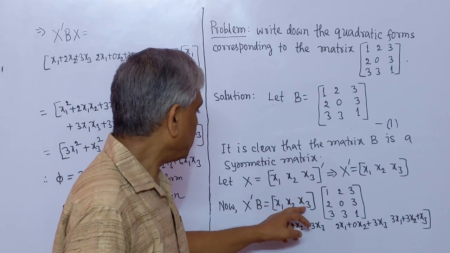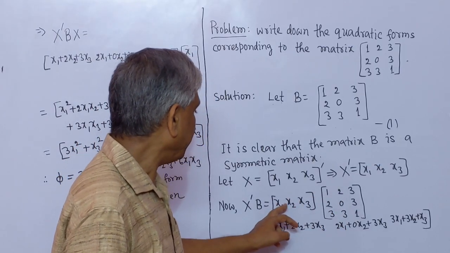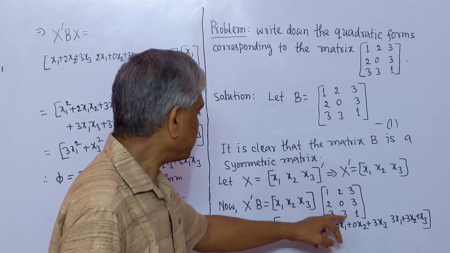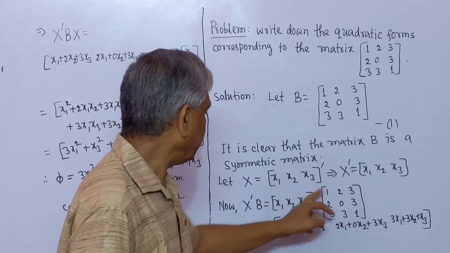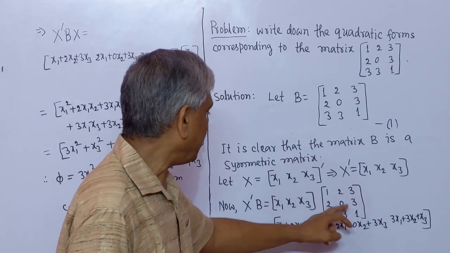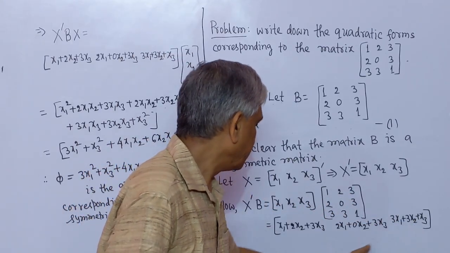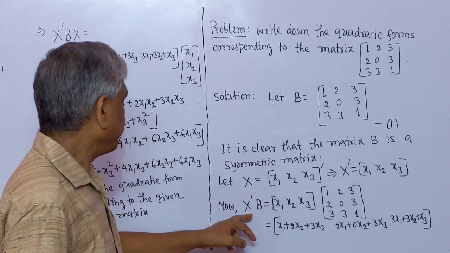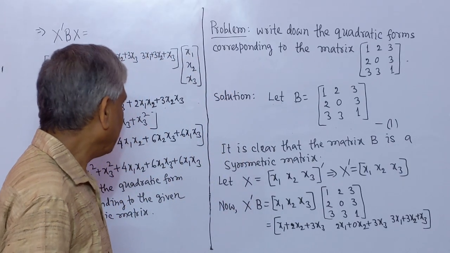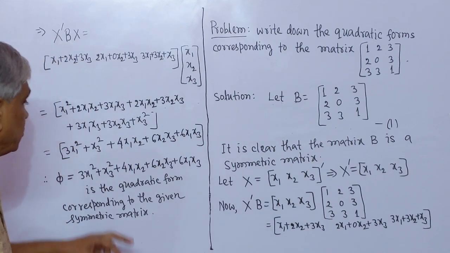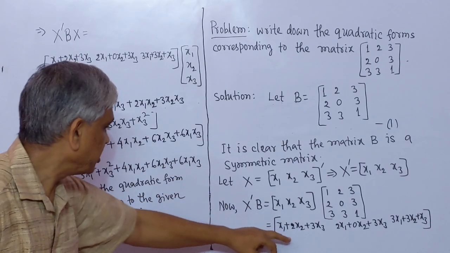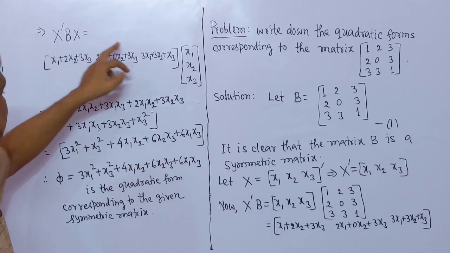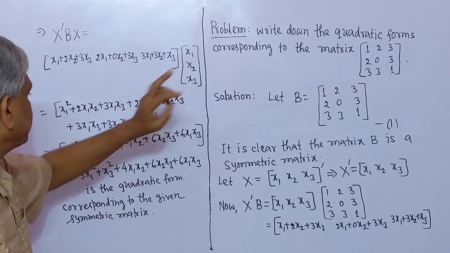Now first row, second column: 2x1 plus 0x2 plus 3x3. Now first row, third column: 3x1 plus 3x2 plus 1x3. This is the product of X transpose multiply B. Now we again multiply with X: we write this matrix first and then the column matrix containing x1, x2, x3.